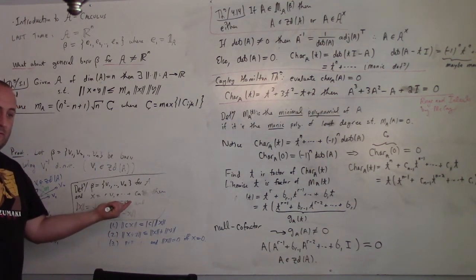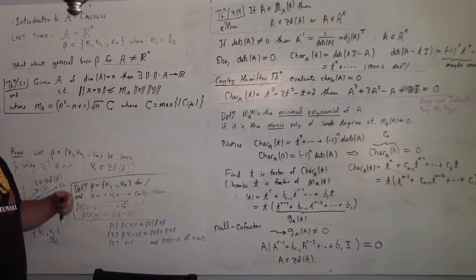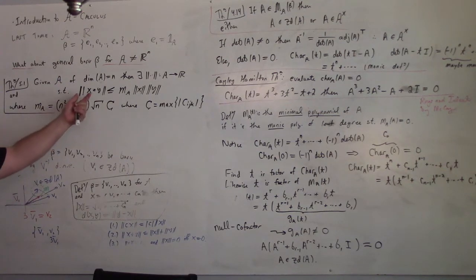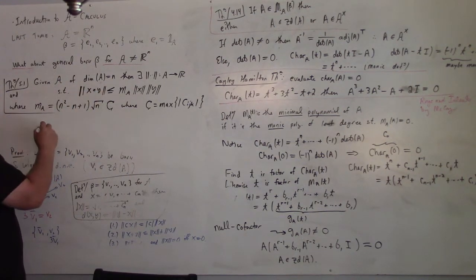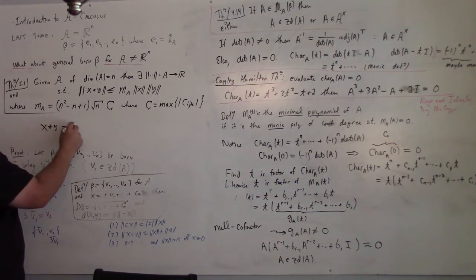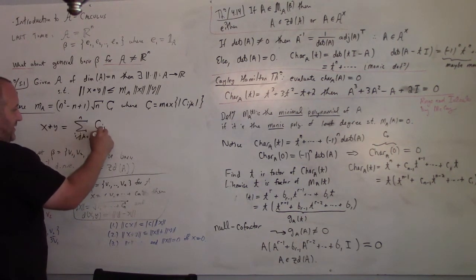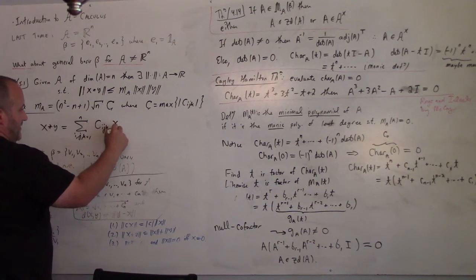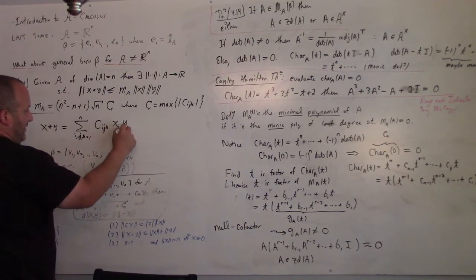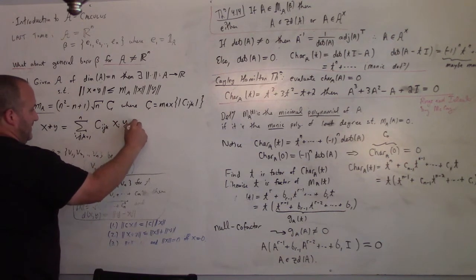That gives you the existence of the norm, and then I just calculate. Essentially, I look at x times y, which is equal to the sum over i, j, and k, 1 to n, of c sub ijk, x sub i, y sub j, and then the basis vector v sub k.